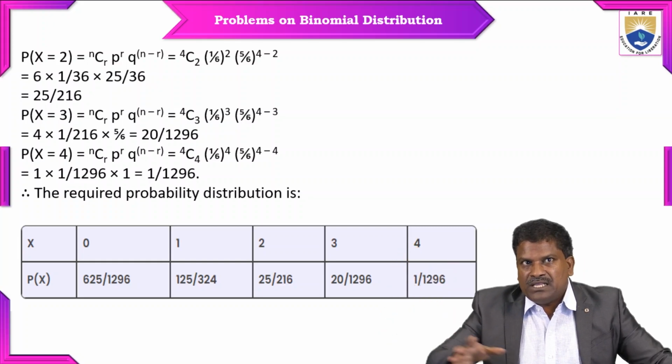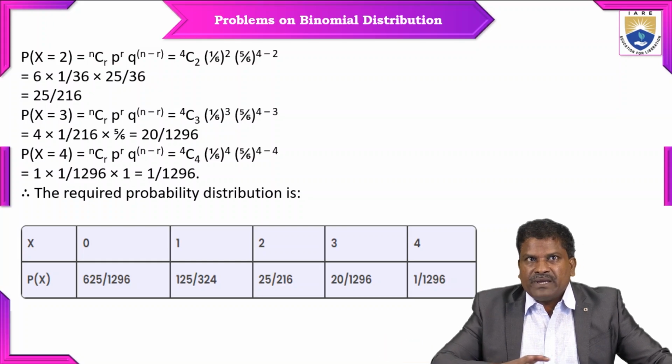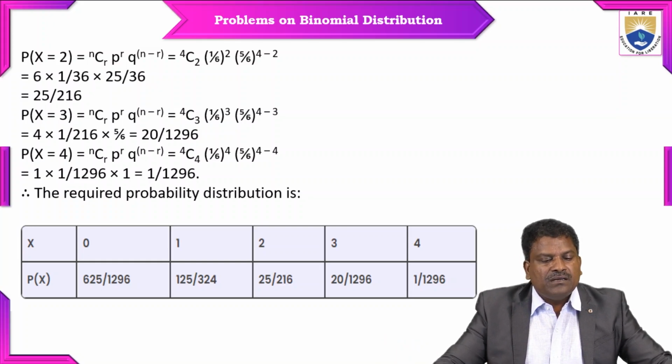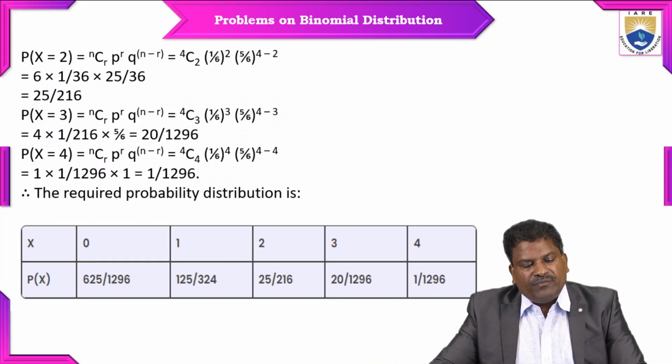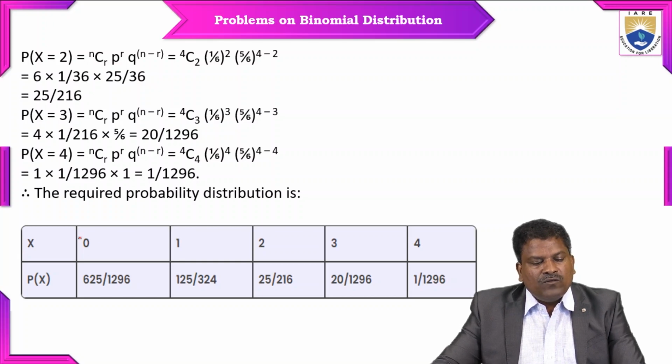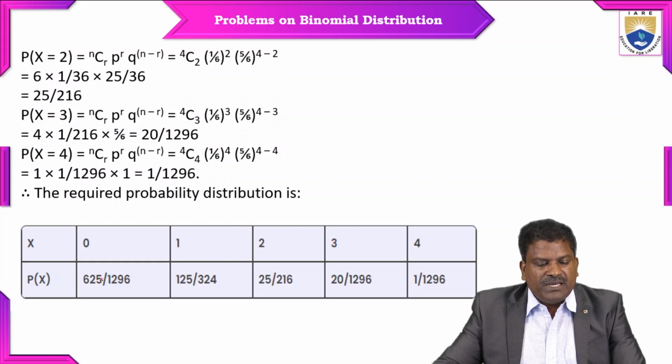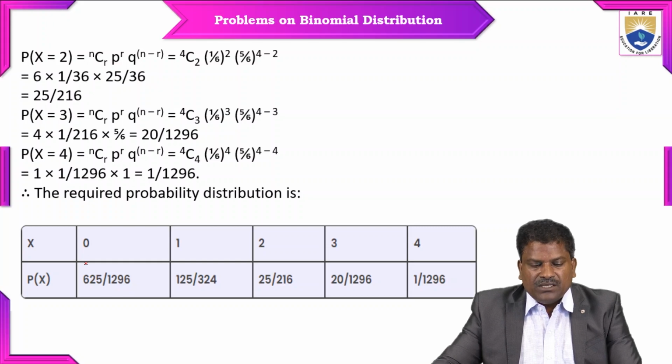Now keep all these values in tabular form. It will become the binomial distribution. So for x is equal to 0, P of 0 is 625 by 1296. P of 1 is 125 by 324.